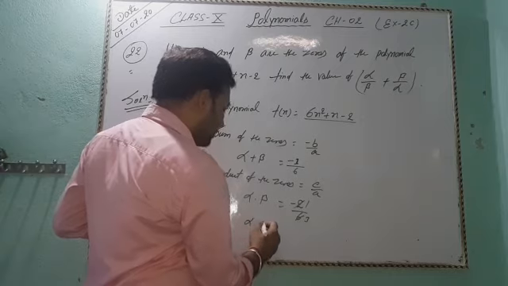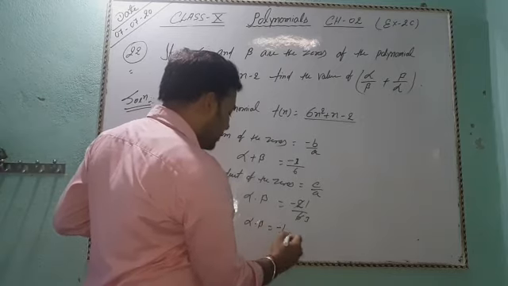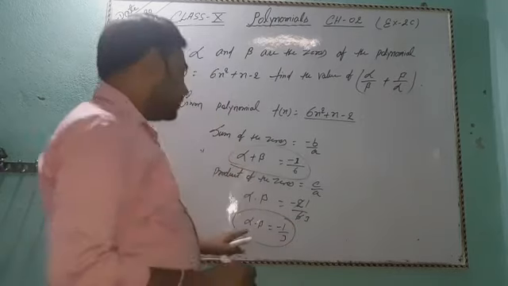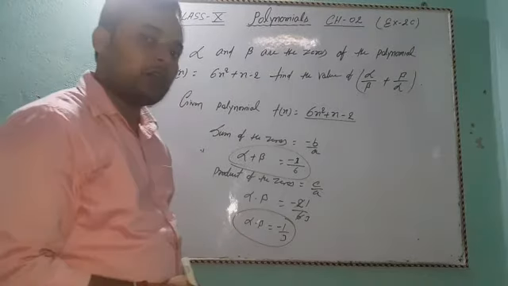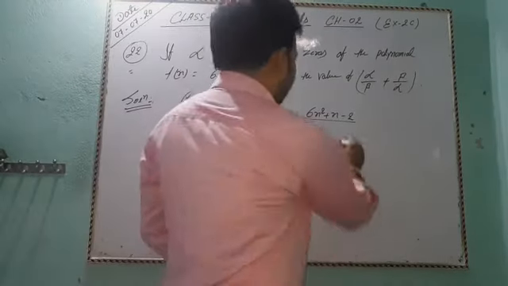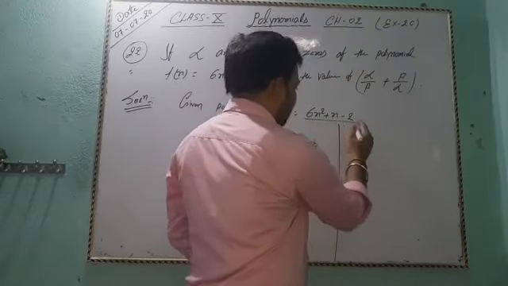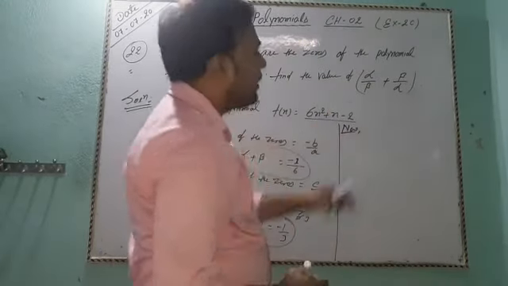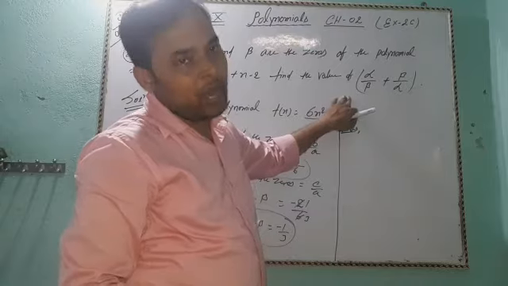So alpha into beta equal to minus 1 by 3. Here we have alpha plus beta, and alpha into beta. Now find the value of alpha by beta plus beta by alpha.